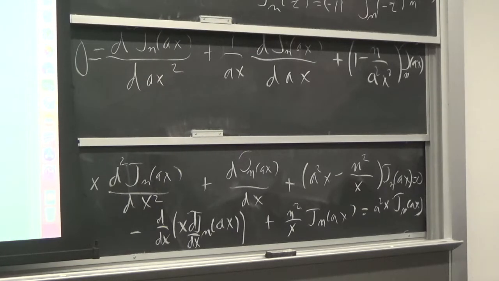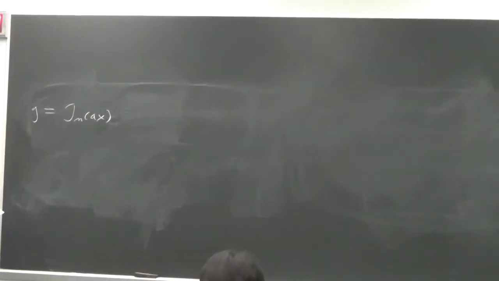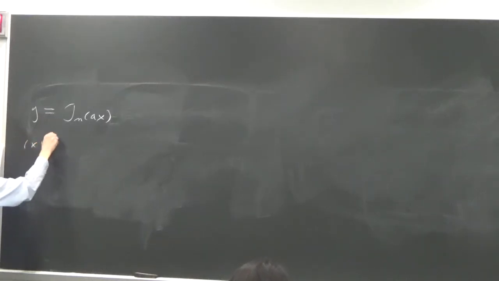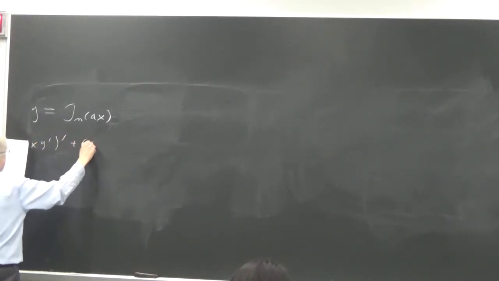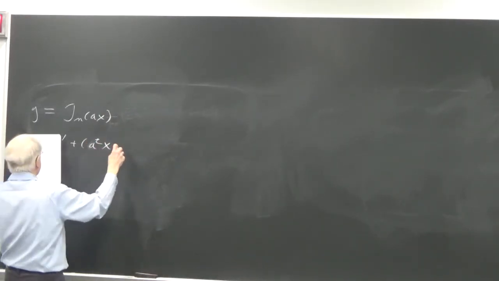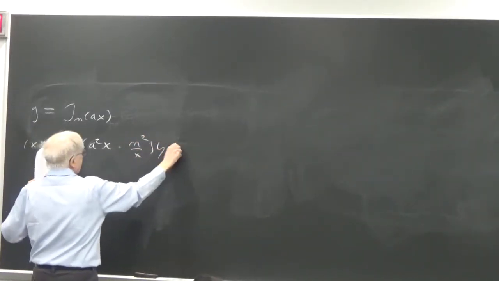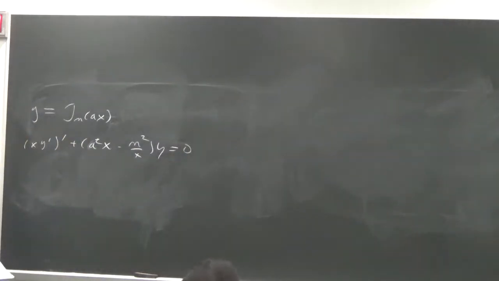Suppose you set y equal to Jn of ax. Then the equation I just derived actually is x y prime prime plus a squared x minus n squared over x, y is 0. We multiply this equation by x y prime.